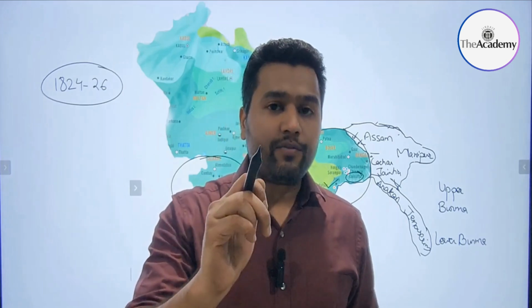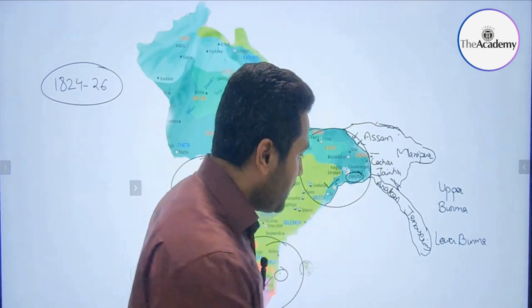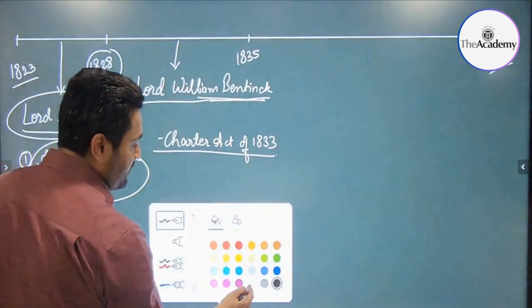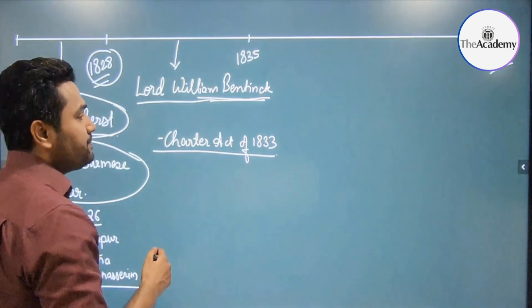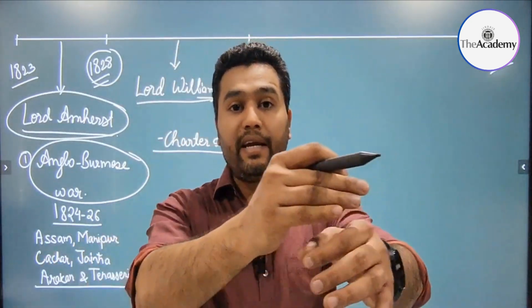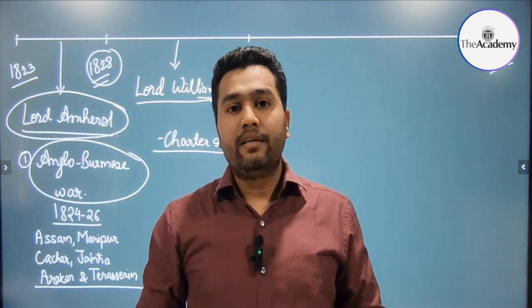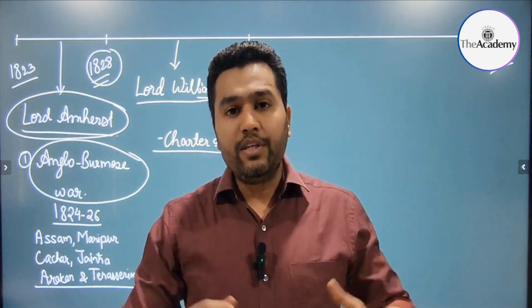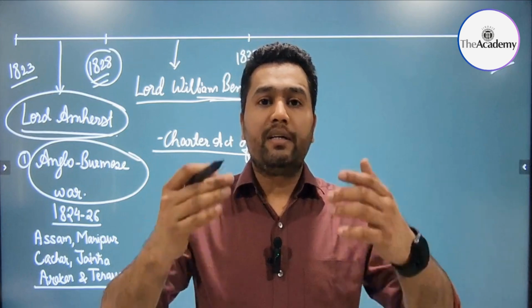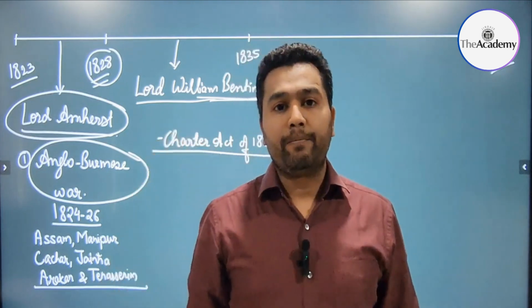But the Charter Act of 1833 made William Bentinck, the Governor of Calcutta, or the Governor of Bengal, the Governor General of India, that is, of the entire presidency. Regional councils, all of them were to be under the Governor General of India.